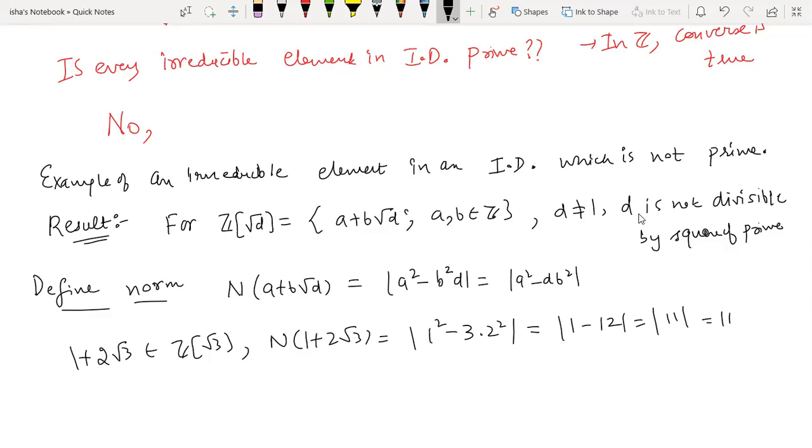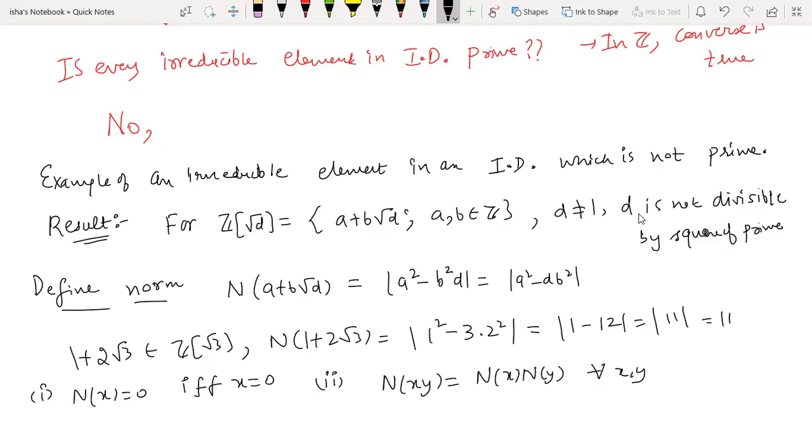So you can always compute the norm. Whatever be the kind of element, the norm is always going to be a non-negative real number. There are now properties which this norm satisfies. The first property is N of x is 0 if and only if x is 0. The second property is N of xy is N of x into N of y for all x, y.